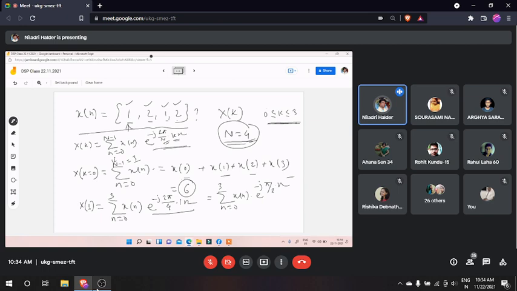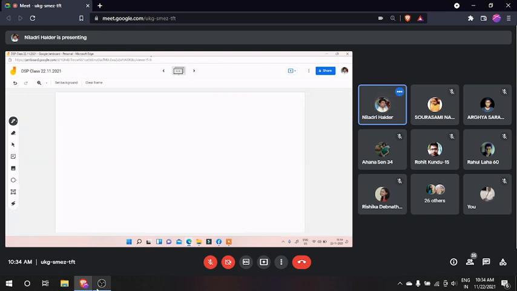Now simply replace the value of n as 0, 1, 2, 3. So first value will be x0 e to the power minus j pi by 2 into 0, plus next will be x1 e to the power minus j pi by 2 into 1, x2 e to the power minus j pi by 2 into 2, like that.